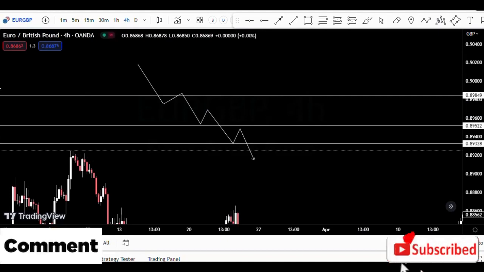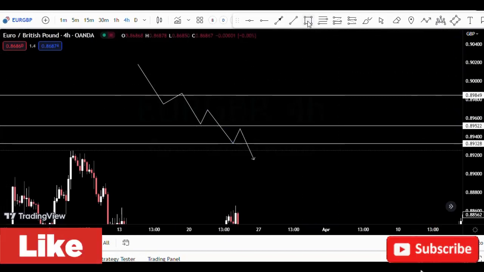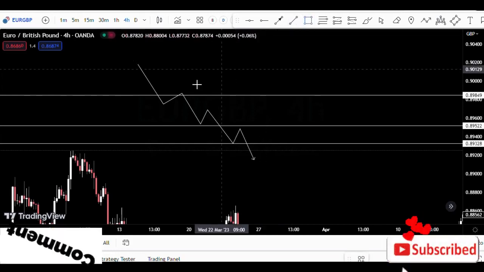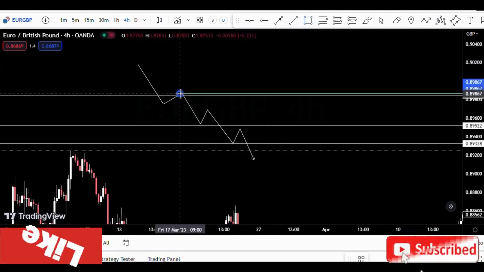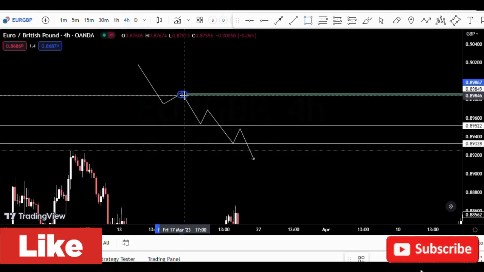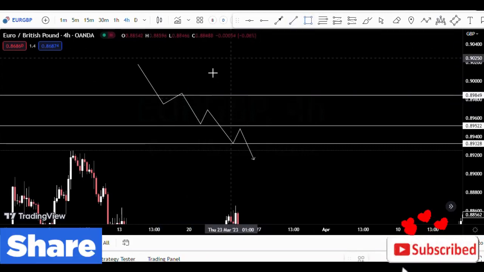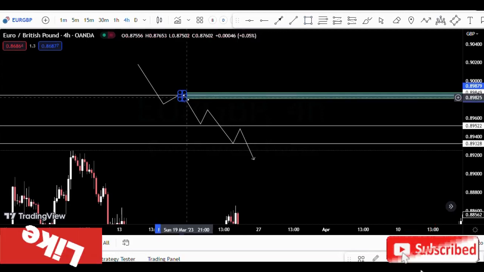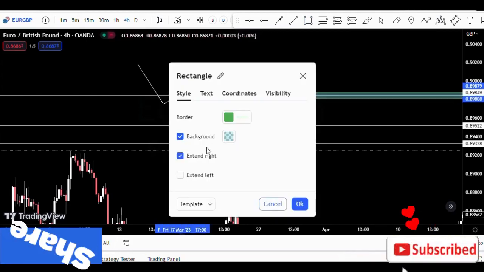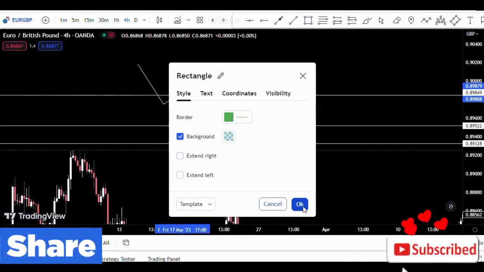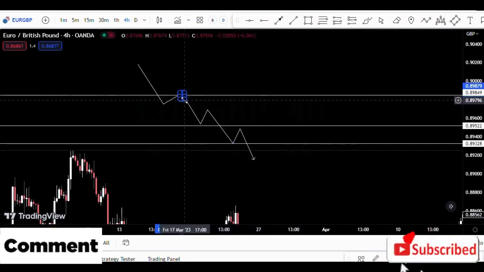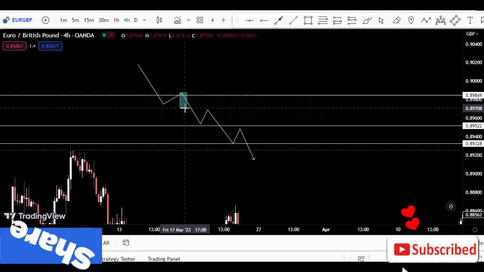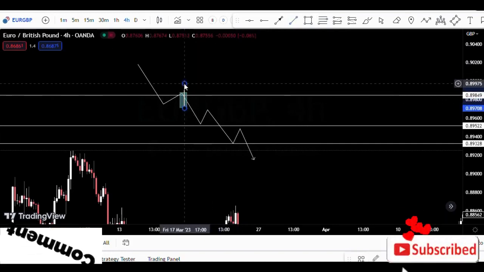Now one mistake a whole lot of traders make in the market is neglecting the wick of a candle. So let's say, for instance, we have a candlestick here, and that candlestick has a wick like this.